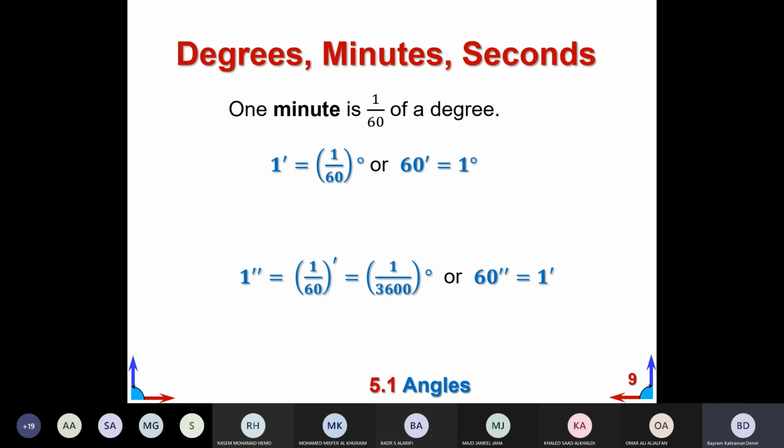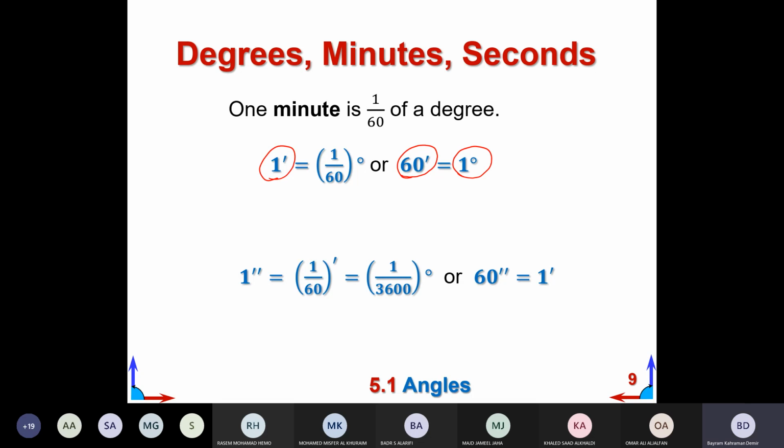So 60 minutes is the same as 1 degree, like 60 minutes is 1 hour in time. In angles it is the same thing: 60 minutes of angle is just 1 degree. And imagine how small one minute of angle is. 1 minute is equal to 1/60 of a degree.